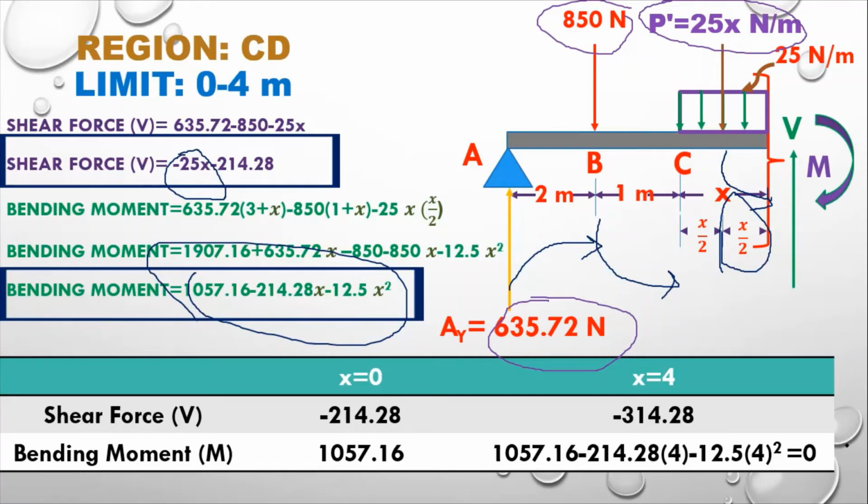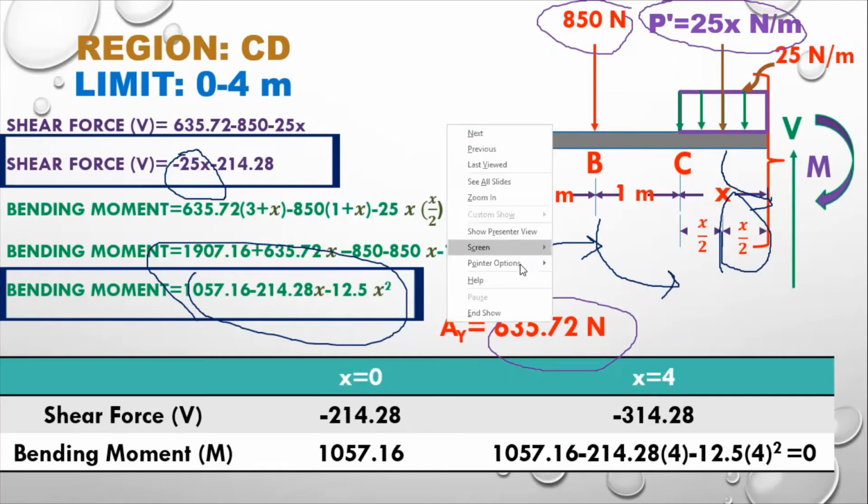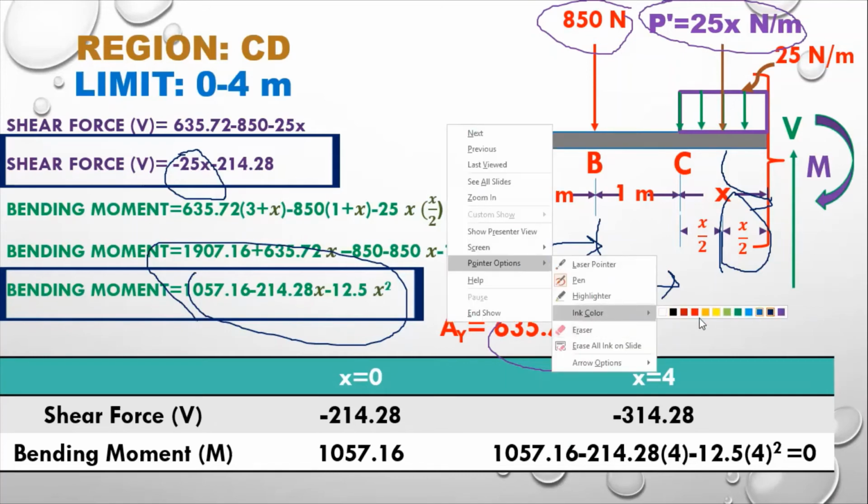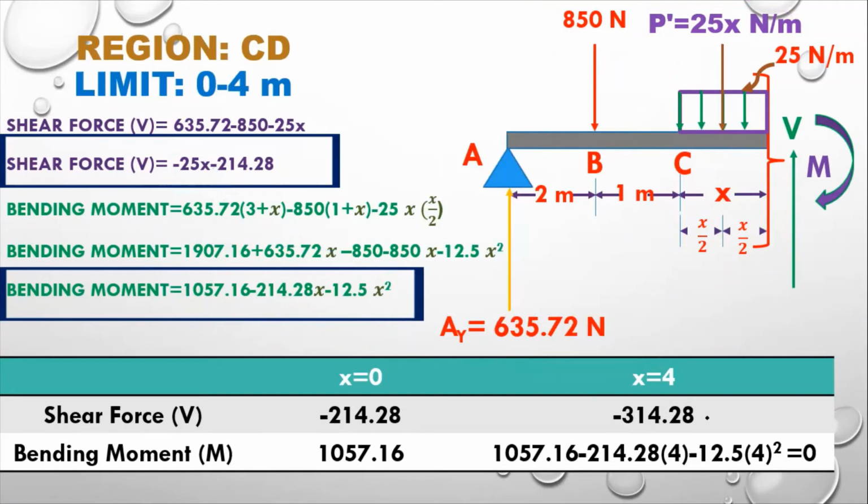So it is proved that whatever we have done is correct, because the last value of bending moment should be 0. Let me erase all ink from this slide. This value is the same as what we got for the shear force, and this value is 0. So it means the beam is in equilibrium condition.